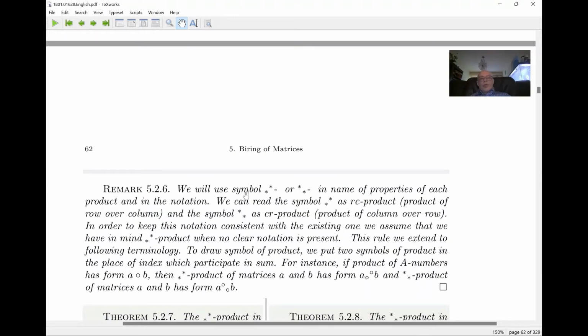We will use the symbol RC or CR in the name of properties of each product and in the notation. In order to keep this notation consistent with the existing one, we assume that we have in mind the RC product when no clear notation is present. This rule will extend to the following terminology.